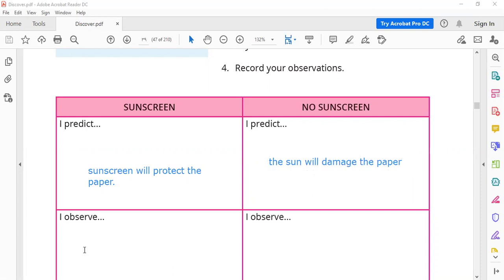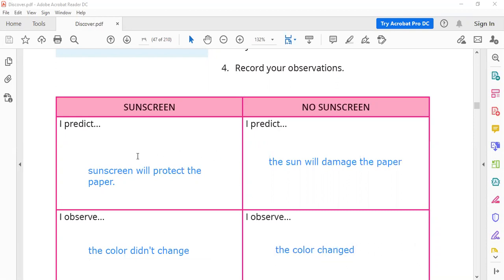After the experiment, the color didn't change. Here, the color changed.